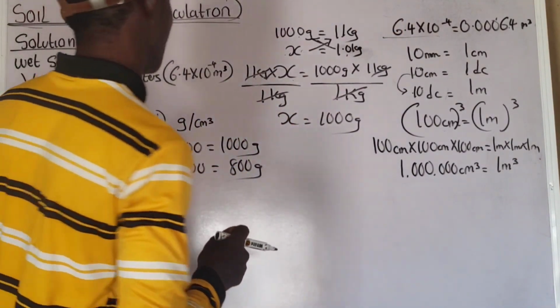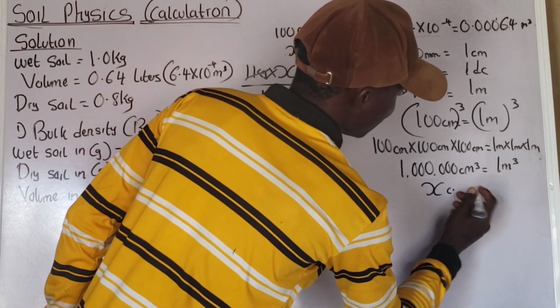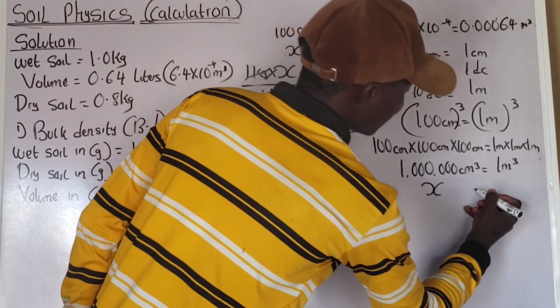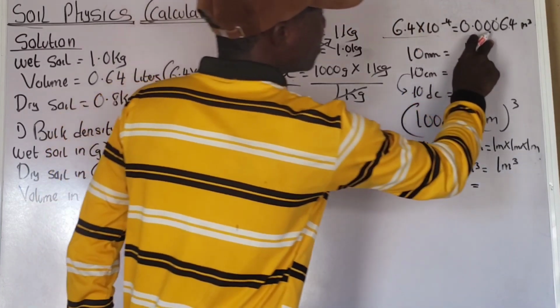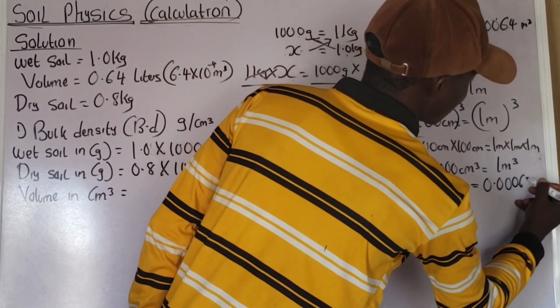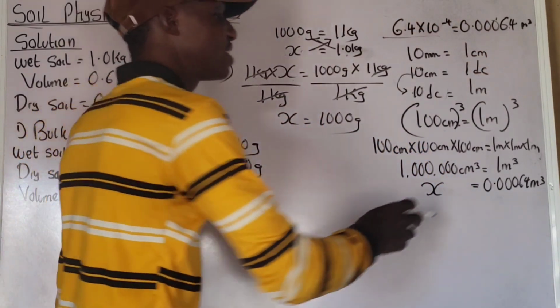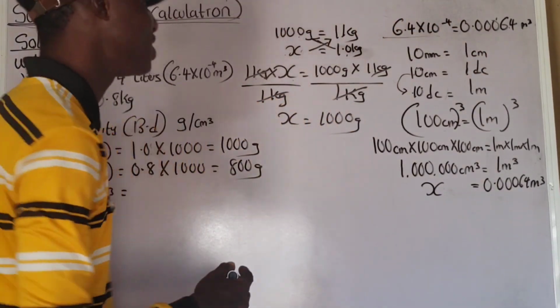All you have to do now is let x centimeter cube, just put x, okay? Let x equal 0.00064 meter cube. The goal is to convert this meter cube to centimeter cube, like we did for the masses.